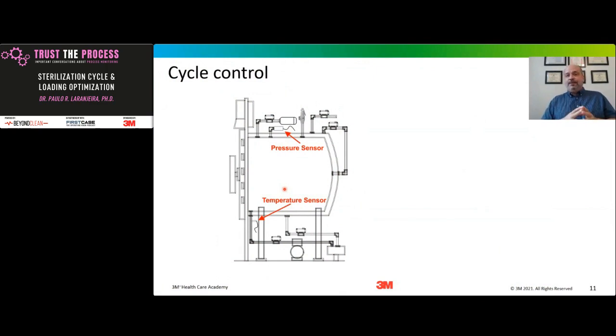So for those that have been in the sterilization market, they can relate to this image. These are really old equipment, but the drawing represents exactly what we still have today. And I love to use this drawing because it brings back memories from when I was starting my professional life. So the controls, what you see in the sterilizer, right?